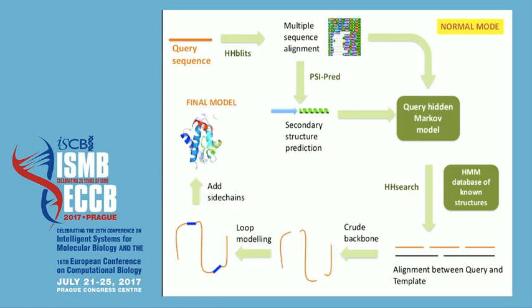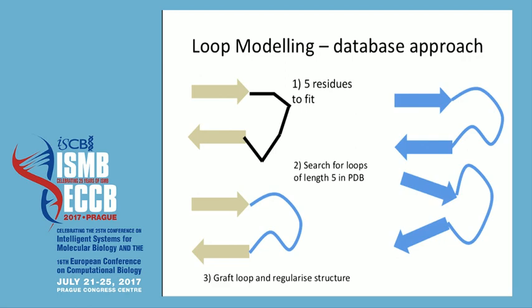And then the next step is to start from the alignment, get a crude backbone, add in the regions that are variable, typically the loops, add the side chains, and then you get the final model. So the loop modeling is the traditional spare part approach: if you need 5 residues to fit, you search the Protein Data Bank for fragments that match the takeoff positions and have the right separation, and then you carry that forward.